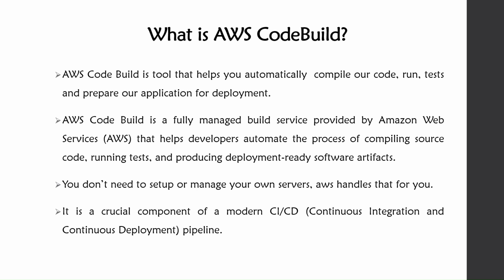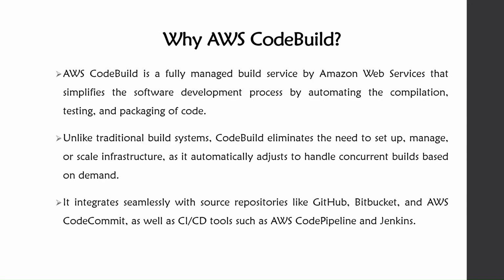AWS will handle all those things for you, and it's a critical component of a modern continuous integration and continuous delivery pipeline. To run and compile the code for building the application, we will use AWS CodeBuild.